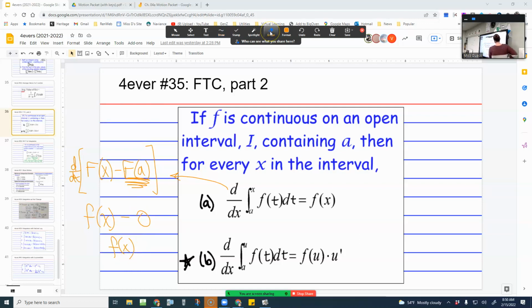But what changes if I'm talking about the other one? Only one thing. I'm not plugging in an x anymore. What am I plugging in? An x squared, or a 5x plus 1, or a sine of x. I'm plugging in something else. So if I knew how to antiderive, when I took the derivative, I would get back to f of u, but what else would you have?